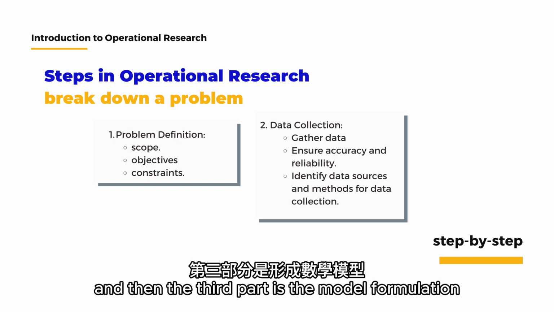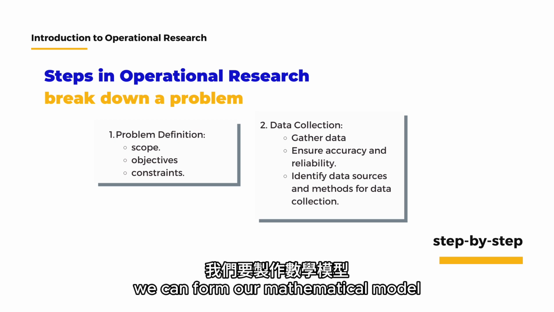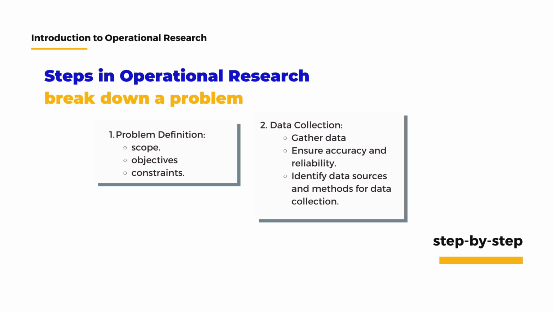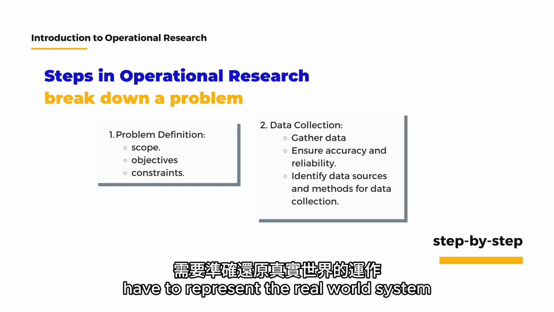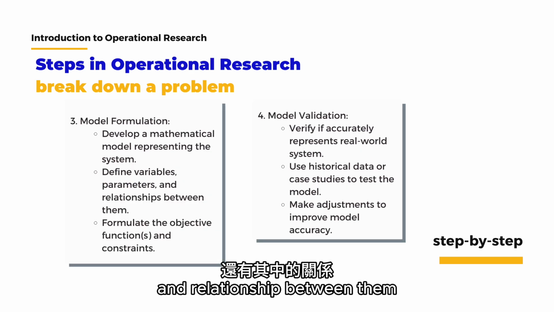And then the third part is model formulation. After we have gathered enough data, we can form our mathematical model. This mathematical model has to represent the real-world system. We have to define the variables, parameters, and relationships between them.